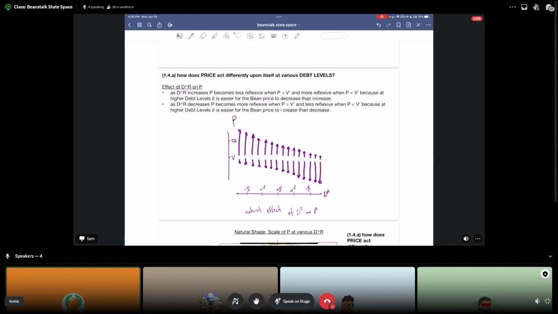At higher debt levels, it's much harder for the price to pump because there's so much debt outstanding. Even when debt starts to be paid back, people can be skeptical, and it's much easier for the system to enter a death spiral with the price plummeting.